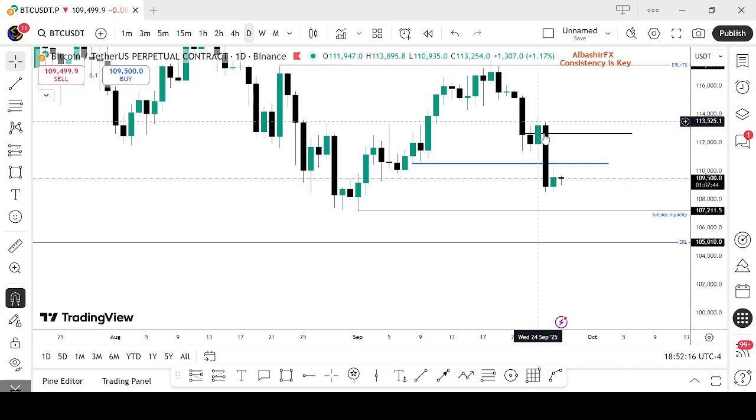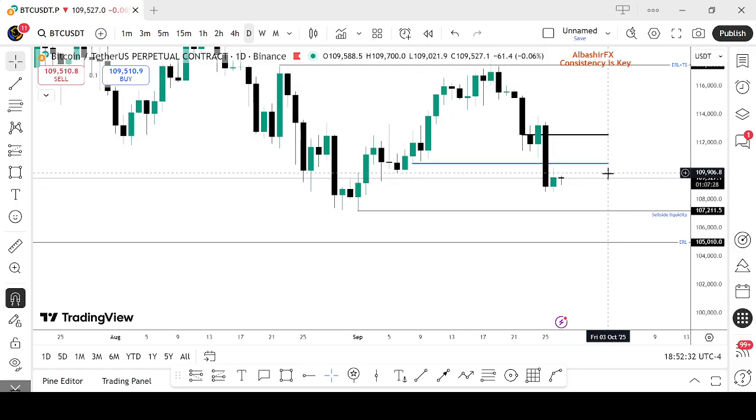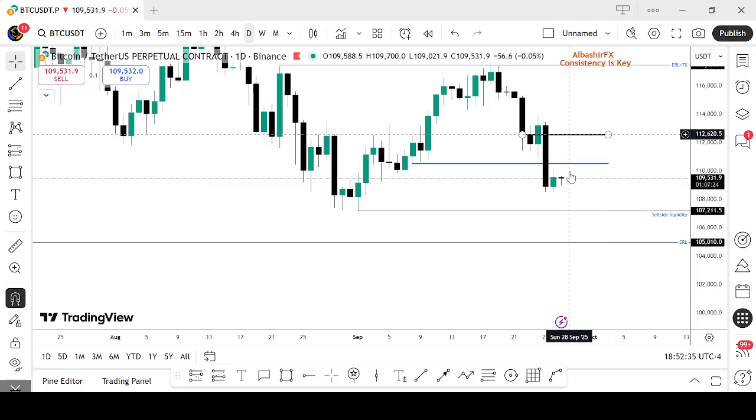So now we have a bearish order block, and I can shift this into this area. We are expecting our next week candle to be between this blue line and this black line. So we're going to go to a lower time frame to see any key levels that support.